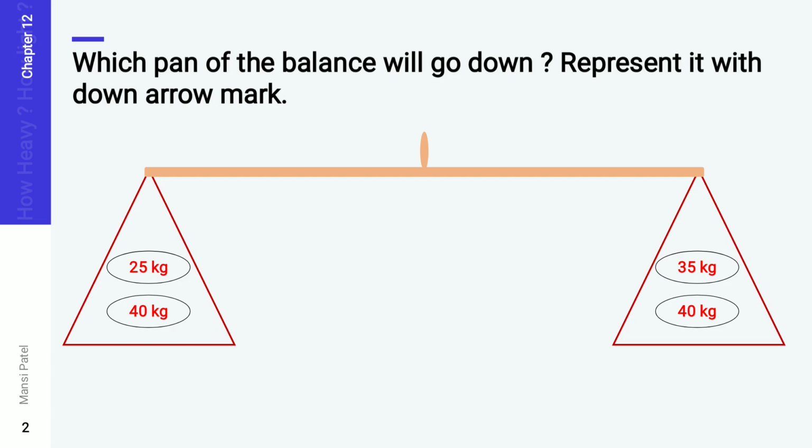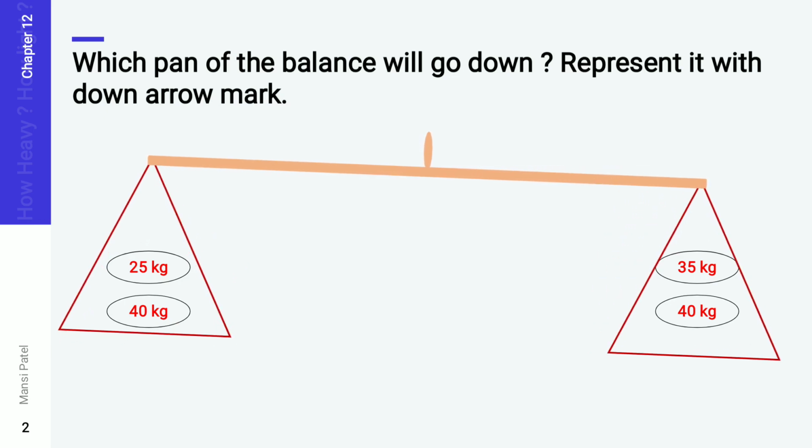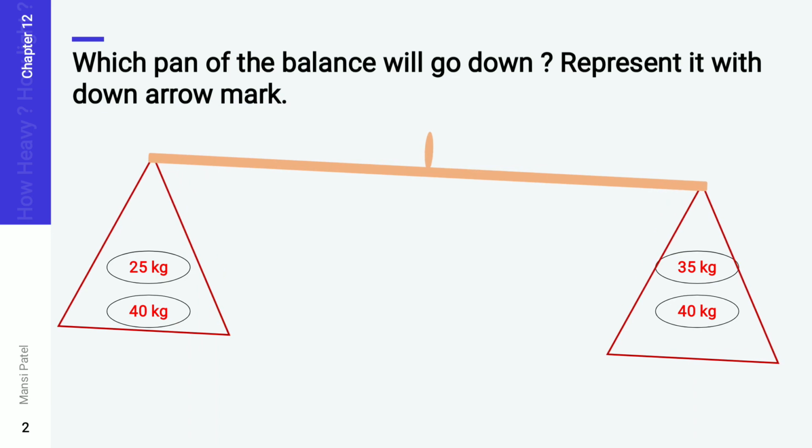So which one will go down, 65 or 75? Yes, the side which has the maximum weight will go down. So the right hand side will go down, and on the right hand side you just mark one down arrow.